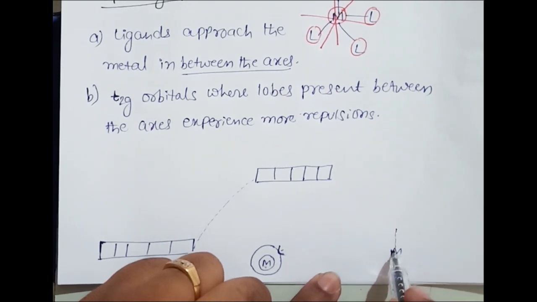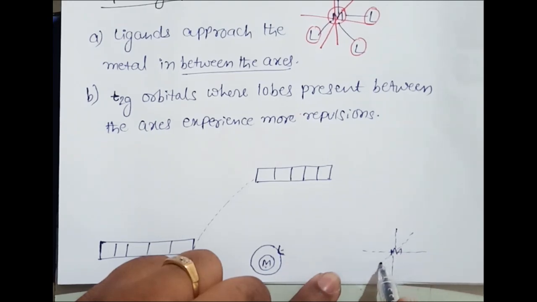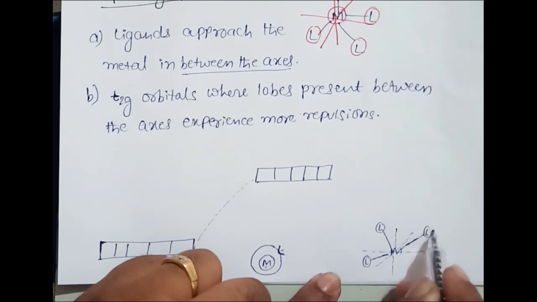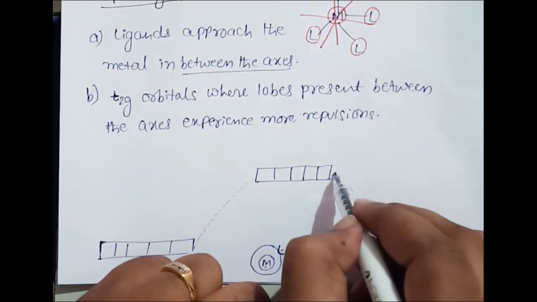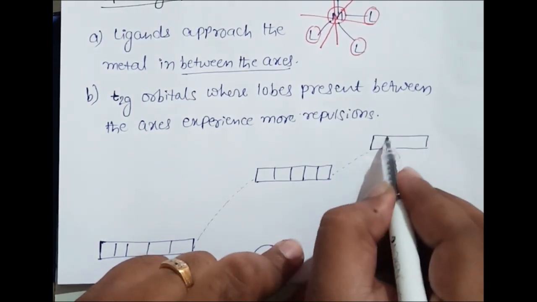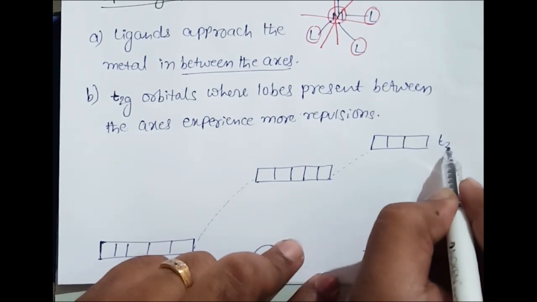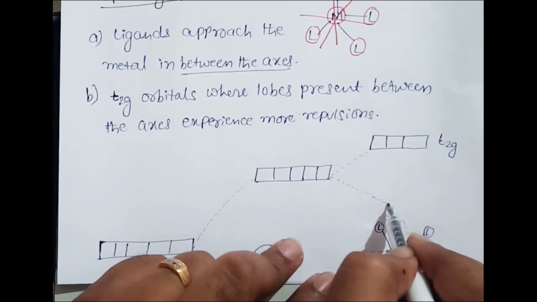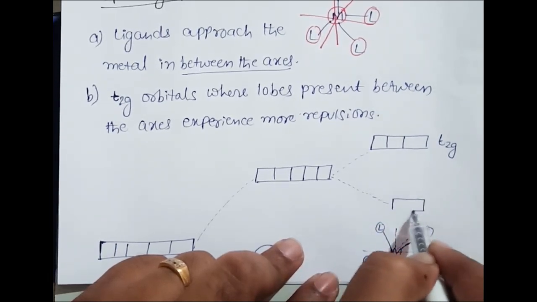Let us say these are the axes: x-axis, y-axis and z-axis. Here one ligand is coming in between the axis, the other ligand is coming in between the axis, the third ligand also, and the fourth one is also coming in between the axis. So T2G will experience more repulsions because the lobes are present in between the axis, and EG will experience minimum repulsions.